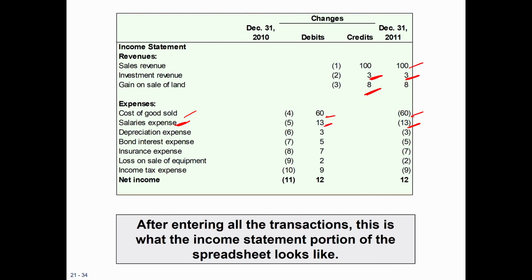And then we're going to go to the balance sheet spreadsheet. You want to look at the salary payable. Salary payable was 1, now becomes 3. So salary payable increased by 2. So liability increase, we should credit, right? Let me write it down.